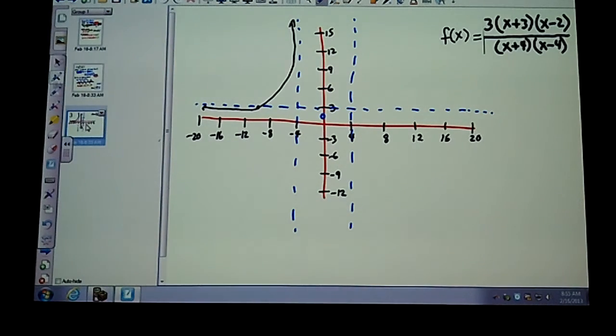Okay, so we have an x-intercept, of course, right here. So we come here, and that's actually where it's negative. And then it stays above again.